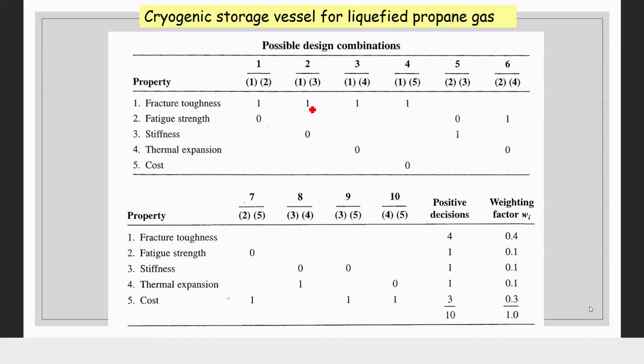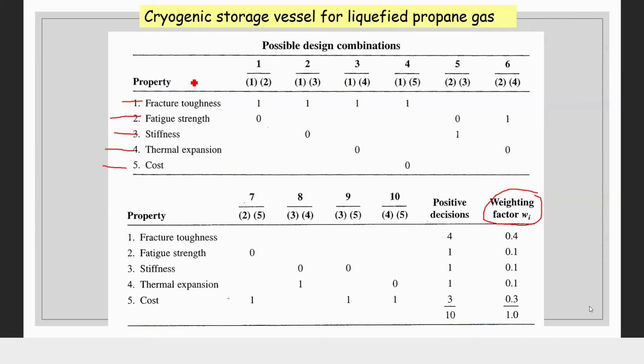So, dia consider antara fracture toughness, fatigue strength, stiffness, thermal expansion and cost. So now this is how dia consider. Okay, dalam weighted property index, kita nak kira weighting factor, weightage dia tadilah.